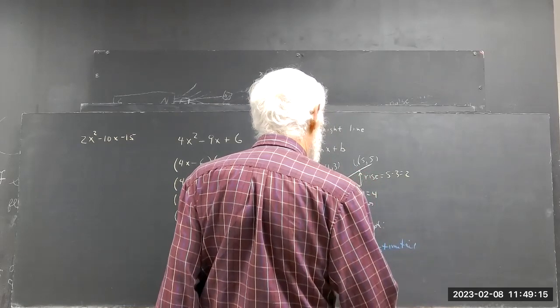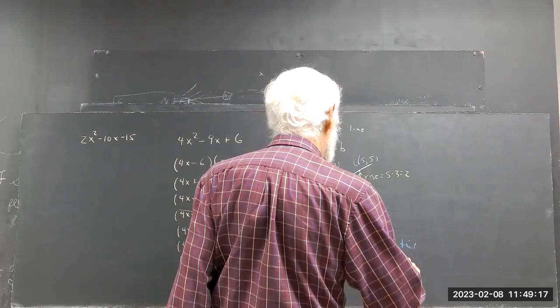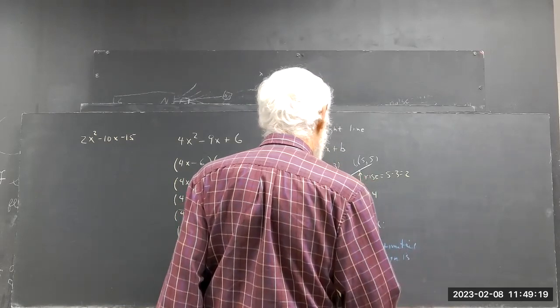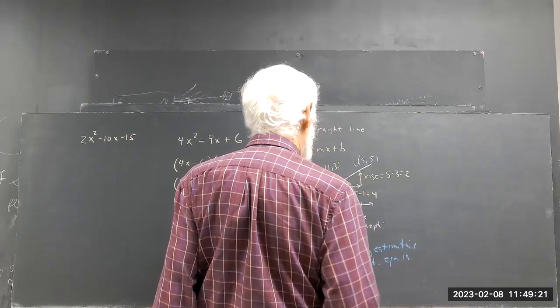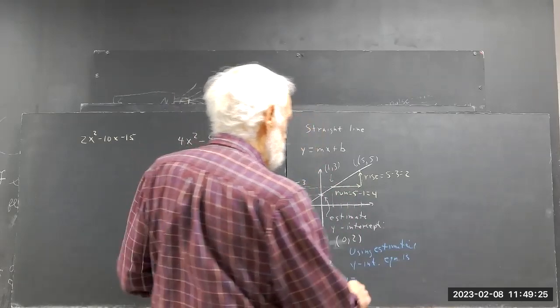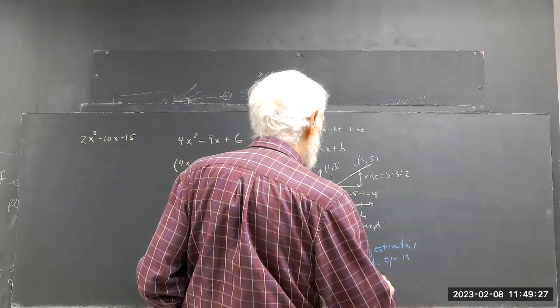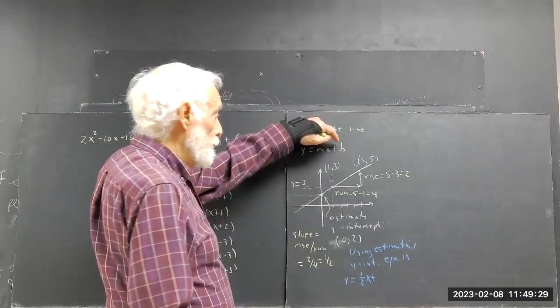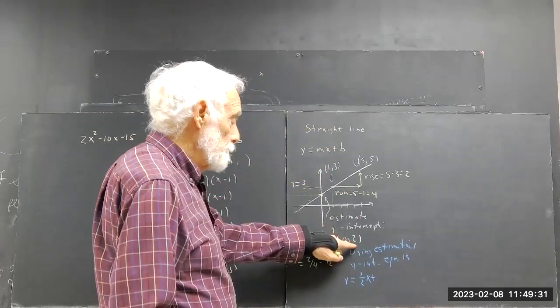Using the estimated y-intercept, the equation is y equals what? mx plus b. m is the slope, so it'd be 1/2 x plus b, which is your y-intercept, which is 2.